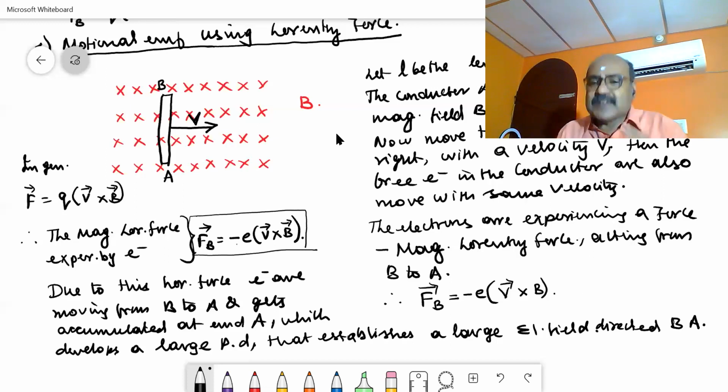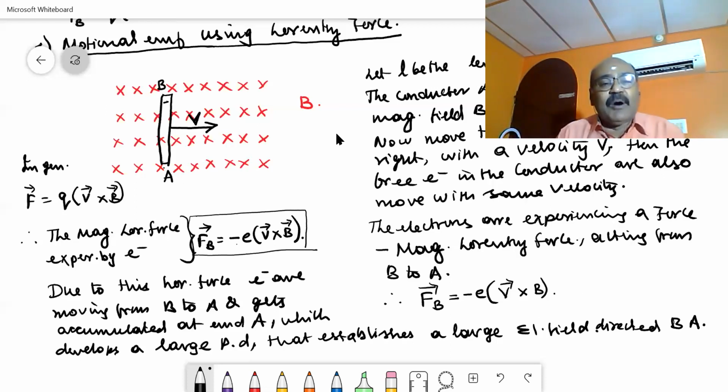Because of this Lorentz force, the electrons at end B travel towards end A. From B to A the electrons continuously travel, because of which end A gets gathered with more and more electrons.